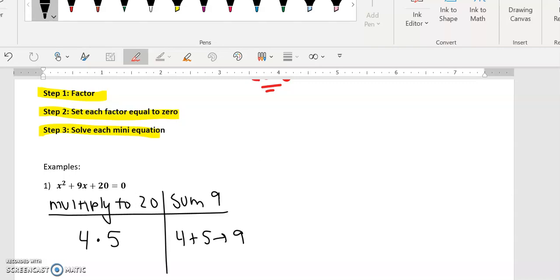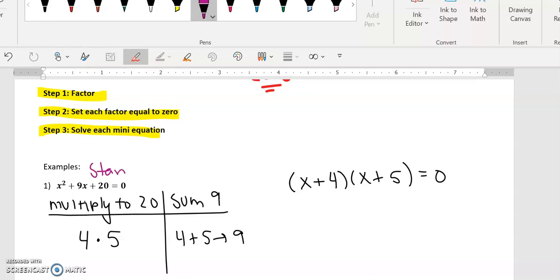So step 1 is to rewrite this equation in factored form. (x + 4)(x + 5) = 0. This is the exact same equation, just written differently. If I was to FOIL it or multiply it, I would get the standard form. So this is standard form, and this is factored form.